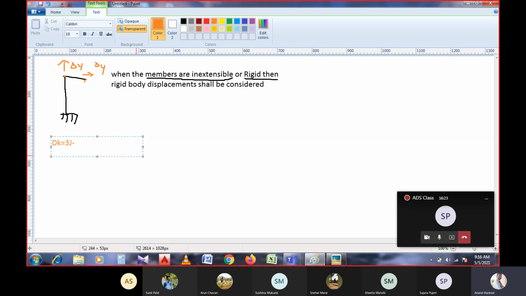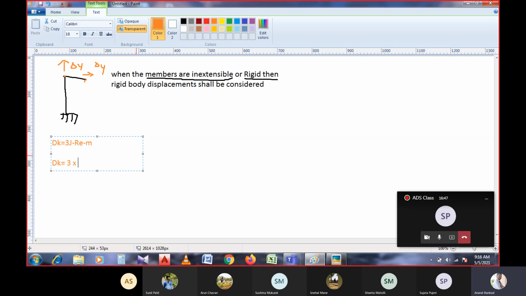So in this we have to deduct the external reactions, and also we have to deduct the members, since when it is considered to be a rigid body, then only we have to consider the members.